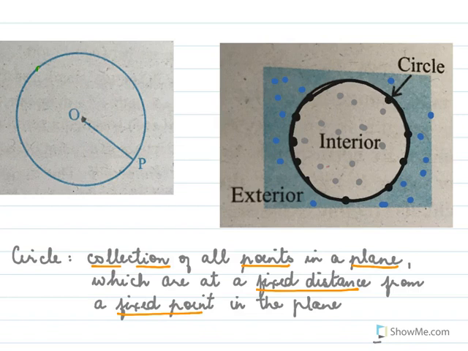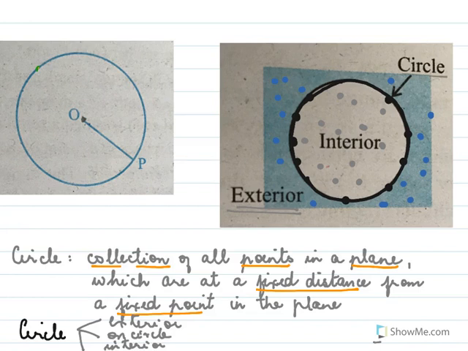So a circle divides points into 3 kinds, which are in the exterior, which are on the circle, and which are in the interior of the circle. So here you can see points which are in the exterior, points which are on the circle, and points which are interior of the circle.